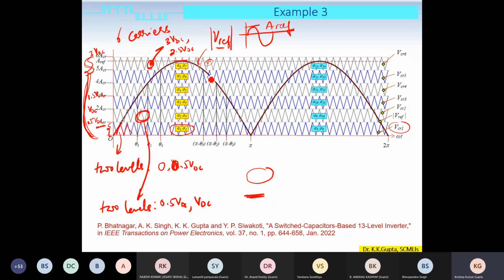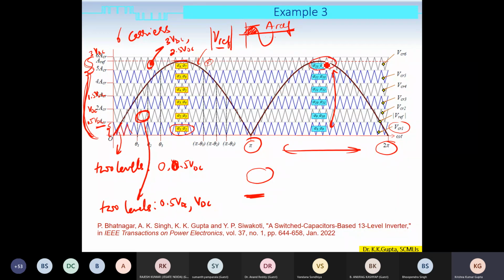Okay, so I have shown these yellow colored states. Now for the next half cycle, so this is for the positive half cycle of the reference signal. Then comes the negative half cycle, which we have actually rectified. So for the remaining part, we should get the negative voltage levels, right? So I have shown those levels for each carrier signal, the comparison between each carrier and reference. I've shown those states which will give you the desired levels.